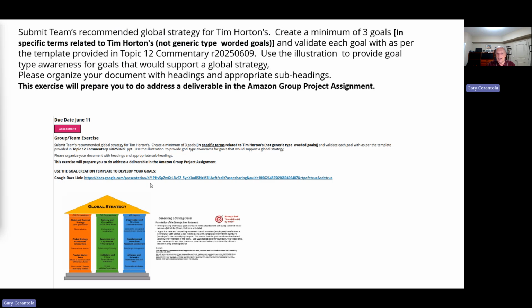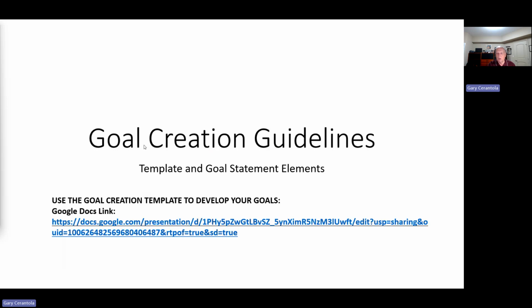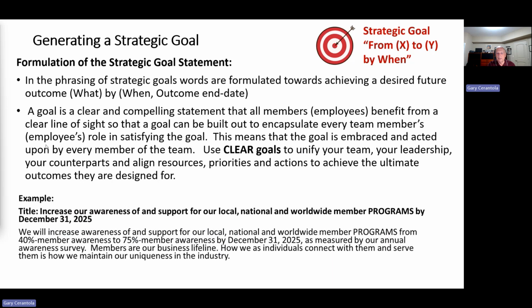Essentially in that Google link, you'll see this presentation called Goal Creation Guidelines. You can use this link right here in this presentation to be able to get there. What it provides is a key example of what the goal statement should look like. And again, I'm emphasizing that you use end dates and not just timelines.